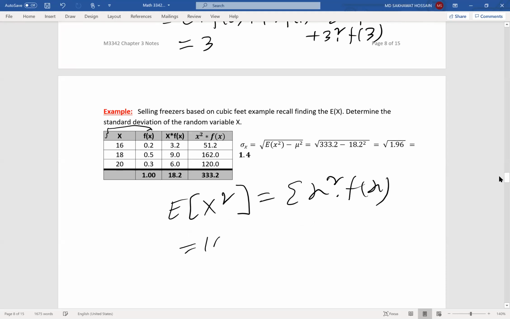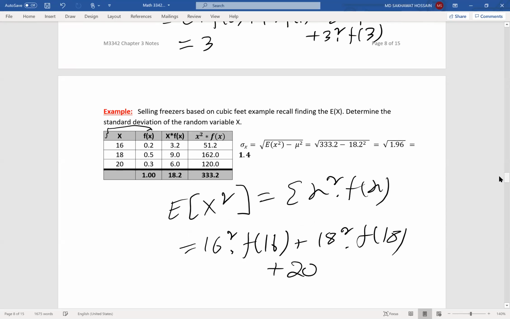That means 16 squared times f of 16 plus 18 squared times f of 18 plus 20 squared times f of 20. If you simplify this one, then the expected value of x squared will be 333.2.